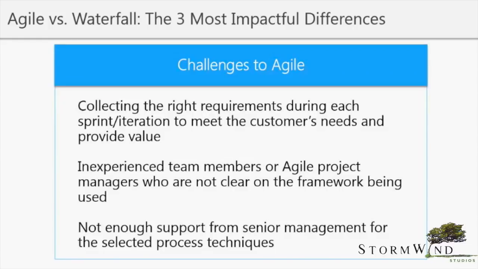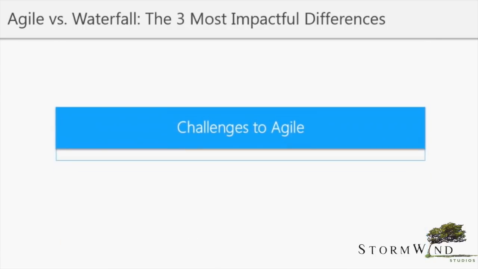If you're practicing Scrum or XP or feature-driven development, if we get inexperienced team members or even senior management that is not engaged fully in the best practices of Agile, then sometimes this can be very chaotic and difficult to implement. Without support from senior management, it's probably going to be very difficult to implement some kind of Agile best practice on your projects. It's constantly being practiced, constantly being reaffirmed that we are doing the right thing and building the right thing right. And that's kind of the challenge to Agile.